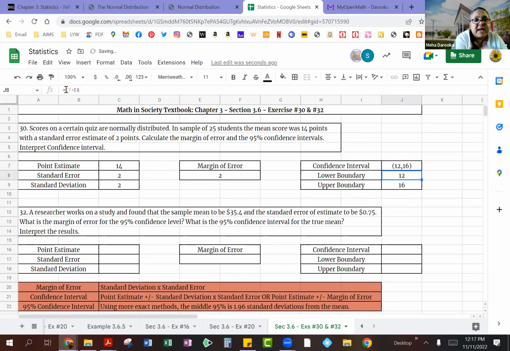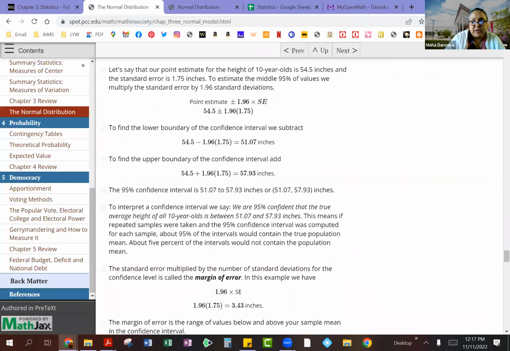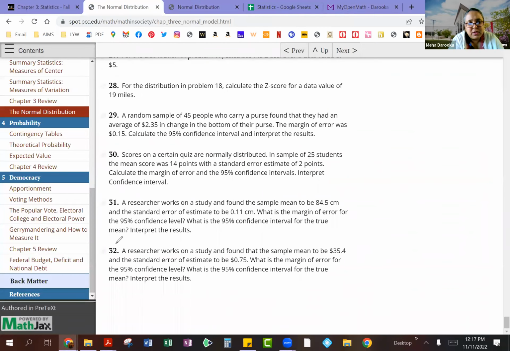And all of this, guys, because they're specifically telling us this is normally distributed. So very different when they don't tell us that. And that's why I picked number 32 over here. So if you look at number 32, they're telling us a researcher works on a study and found that the sample mean is 35 point, basically 40 cents, $35.40.